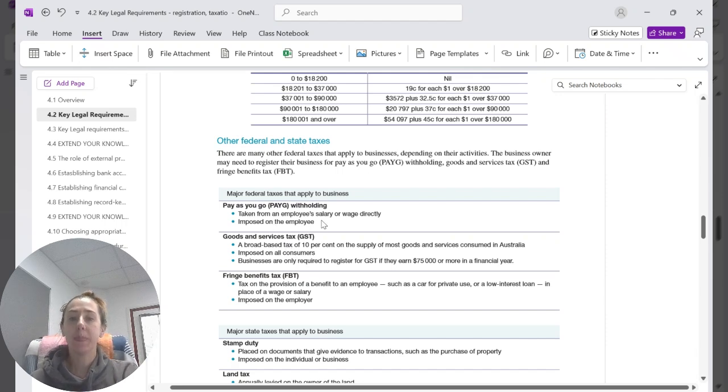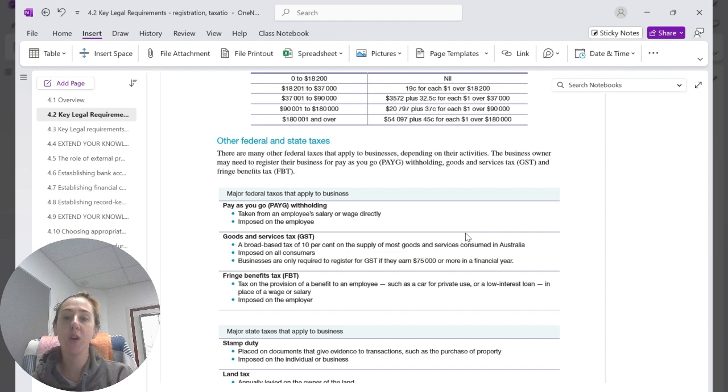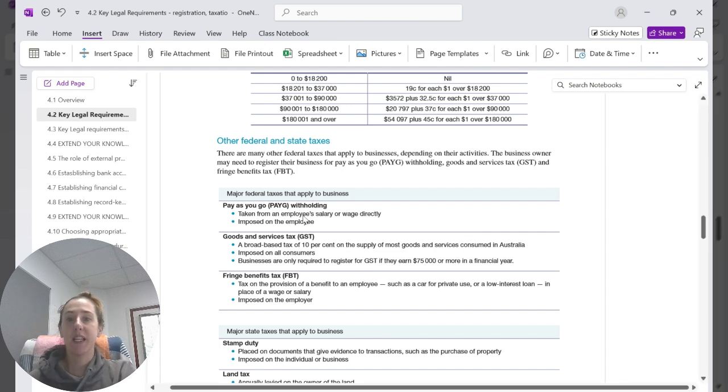Pay as you go is taken from your employee's salary or wage directly, and it's imposed on the employee. If you've seen a pay slip, you would see that you've got pay as you go withholding on there. It's taken out of your salary or wage to go to the government.